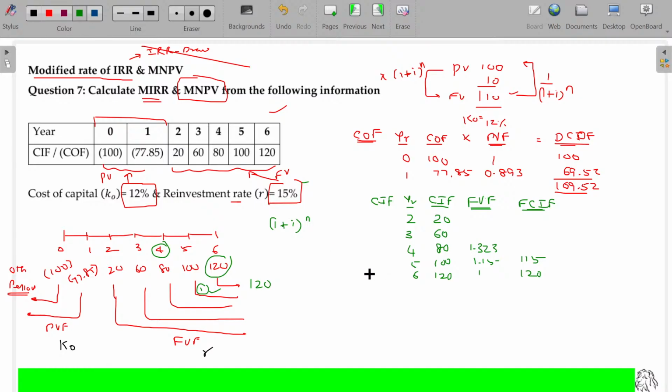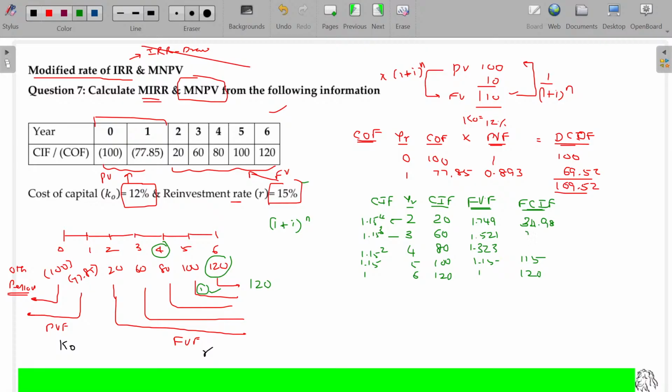This will be 1.15, 1.15 to the power 2, 1.15 to the power 3, 1.15 to the power 4. 3 means this value should be 1.521, here 1.749. You multiply these two, 20 into 1.749, this value being 34.98.